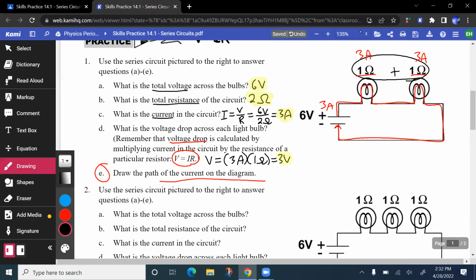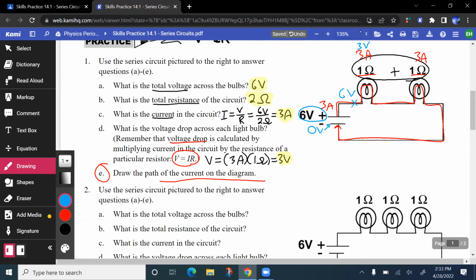Let's go to the circuit diagram and let's comment on the following. You start with a positive of 6 volts on the positive side of the battery and 0 volts on the negative side of the battery. Okay, so we have 6 volts of potential right here before we even get to the first light bulb. Now, across the first bulb, we drop 3 volts.